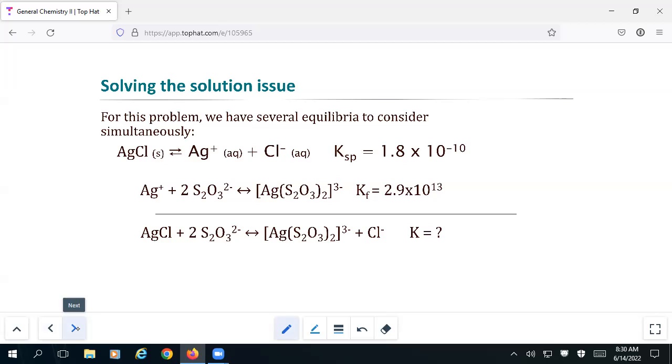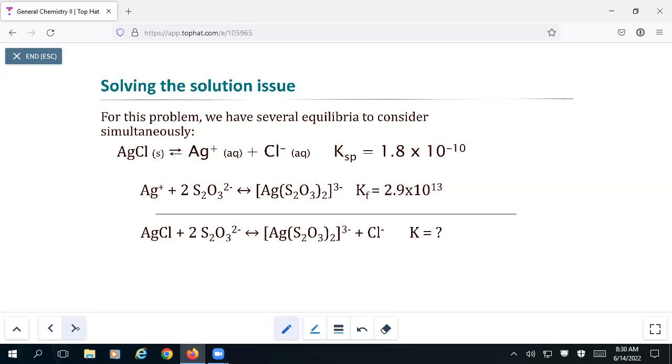First of all, we've got the introduction of a new equilibrium system. Because what we are trying to do is force the dissolving of this ion into a system that otherwise wouldn't want to be dissolved. So we've got the solubility product constant here.